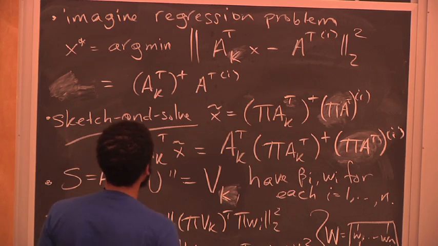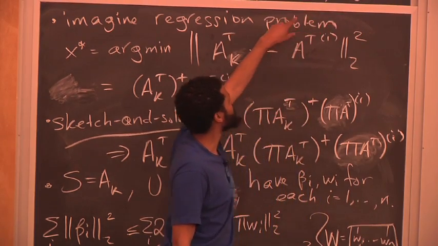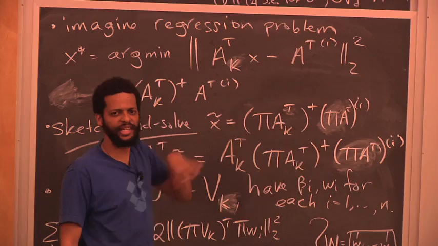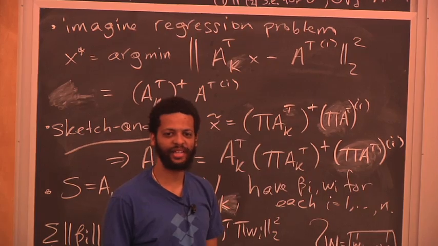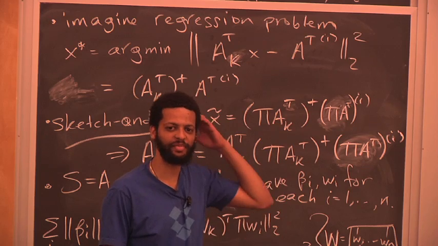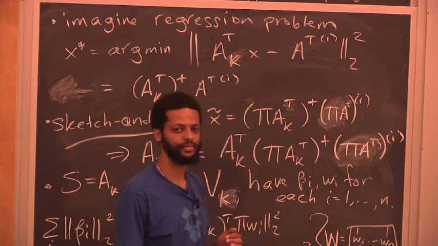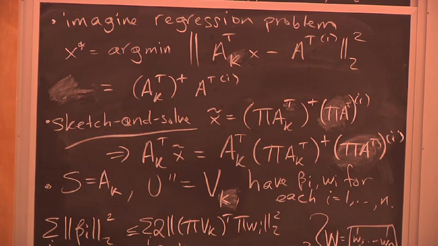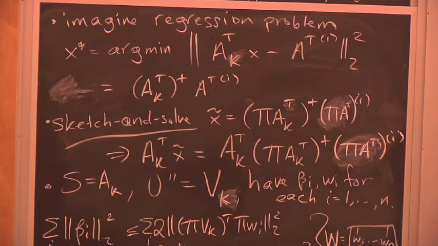So I guess instead what I would have to say is that it satisfies n different AMMs simultaneously, and then you might be tempted to union bound or something. I just want to say that you can really encode this as a single AMM, where you just make this matrix W have WIs as its columns. Yeah. Okay. So let me change gears a little bit.